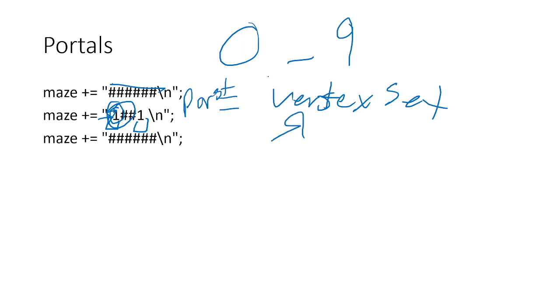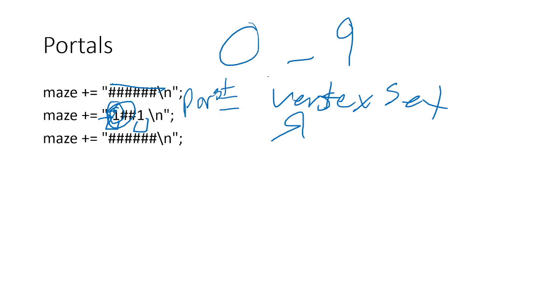Because you're using two things. The vertex set contains all vertices, including the portal ones that you created, the empty ones that you created, and that's it. And depending on how you have it set on the unordered map, or whatever you guys are using to find these guys, you will be getting the rows and columns of it and keeping track of where it's located, this information. I hope it makes a little bit more sense.